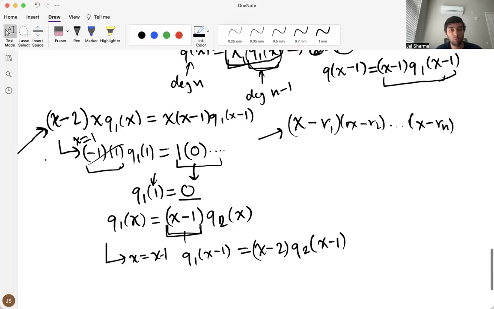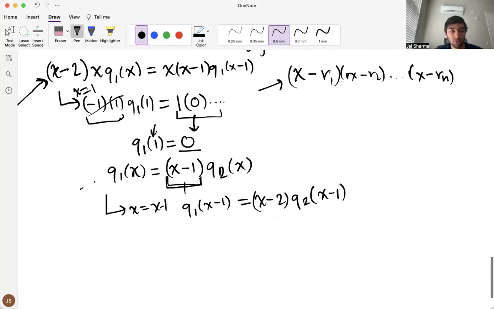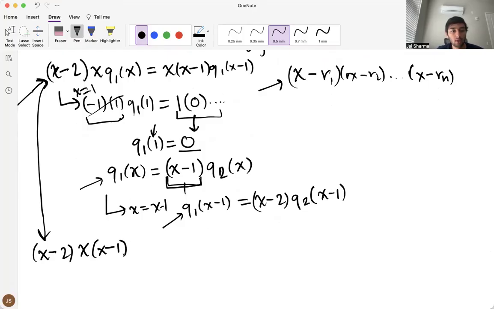I'm just going to do the substitution of this thing and this thing over here, right? I'm going to write x minus 2 times x, q1 of x. q1 of x is equal to x minus 1 times q2 of x.